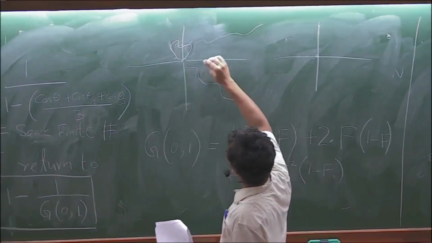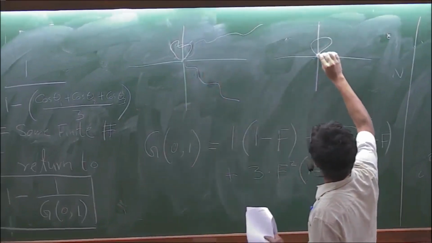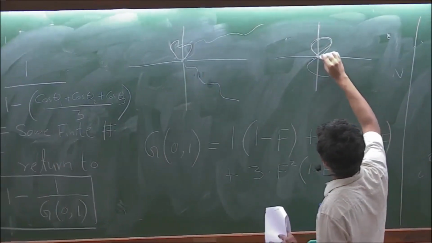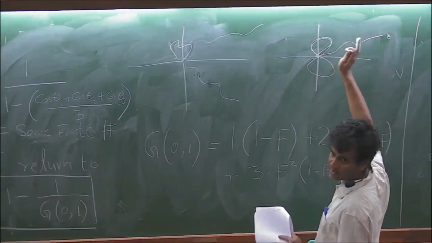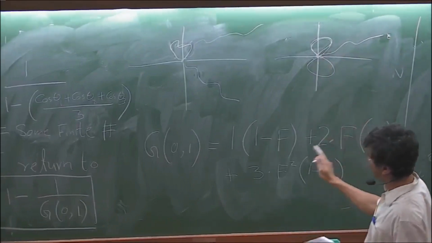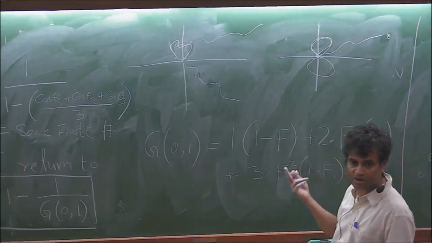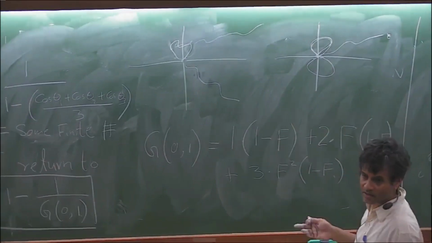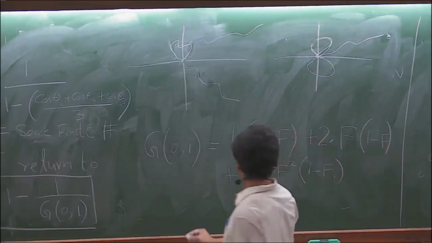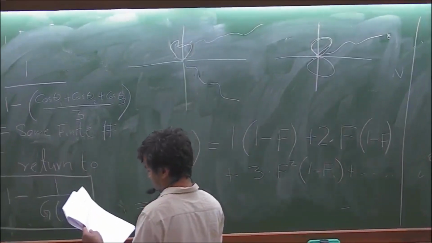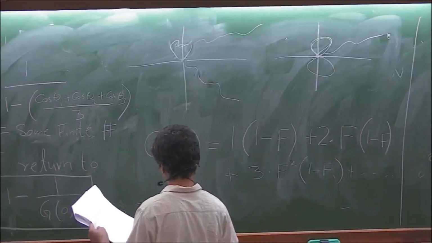In another path, I start, that's 1, I came back, that's 2, I came back again, that's 3, and then I never came back. So these 1, 2, 3 are the number of visits, and the other factors are the probability of that event happening. Okay, so on. So then this is a series, which is 1 minus F.